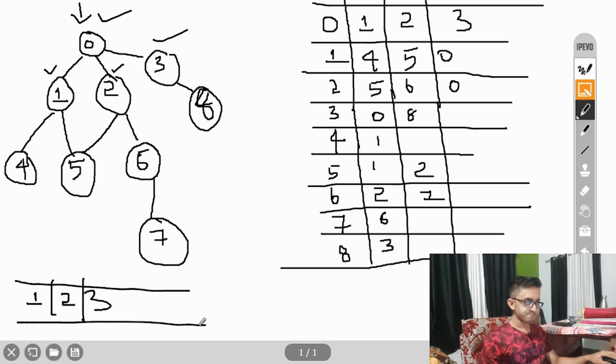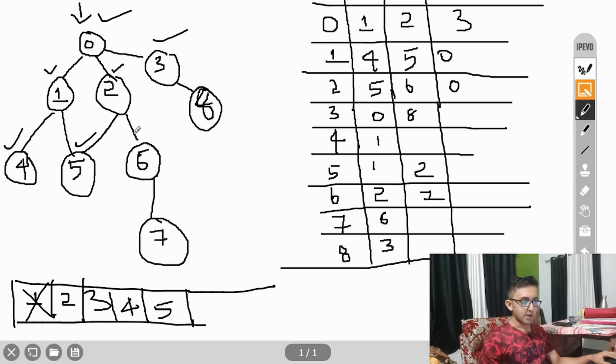We mark them visited as we explore them. We take 1 out, and as we take 1 out, we populate the queue with the adjacent elements of that element. So now we have 4 and 5 in the queue, and we mark them visited as well.